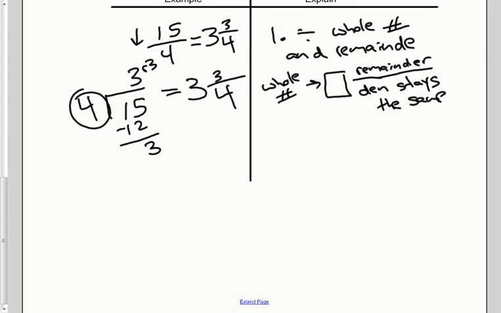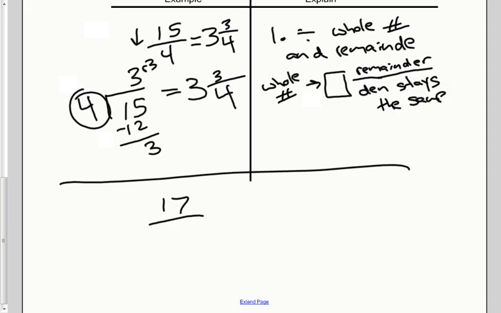Okay. All right, let's just try one more example, just for good measure here. How about, let's try 17/6. All right, so each pie is going to have 6 pieces. So I'm going to go ahead and see how many times 6 goes into 17. And 6 goes into 17, let's see, 6 times 2 is 12.